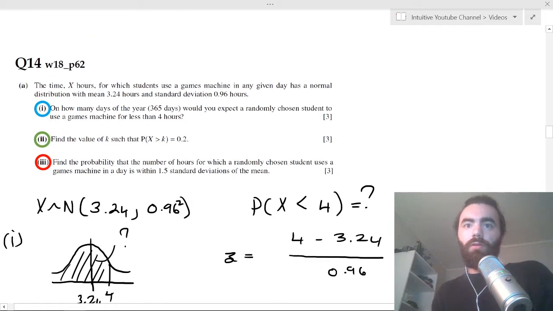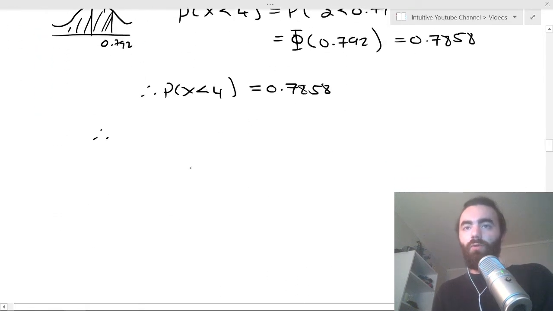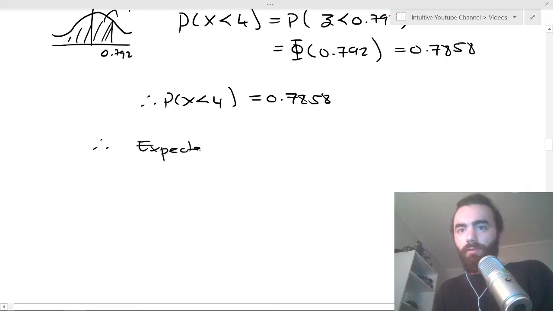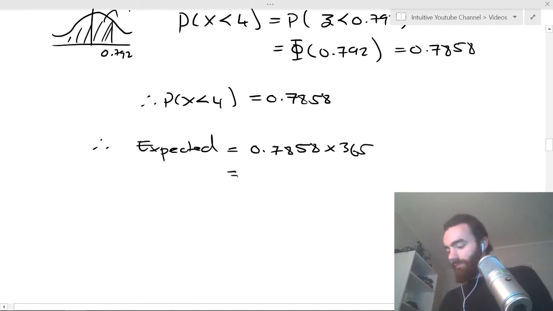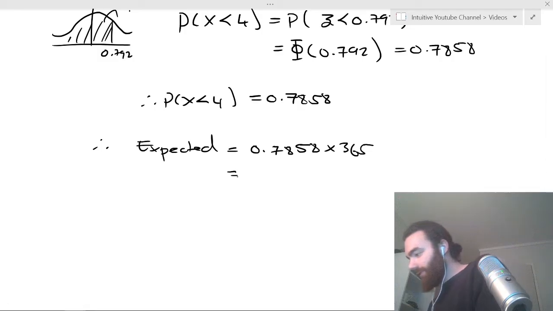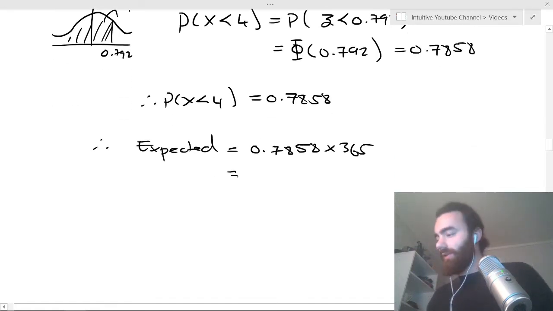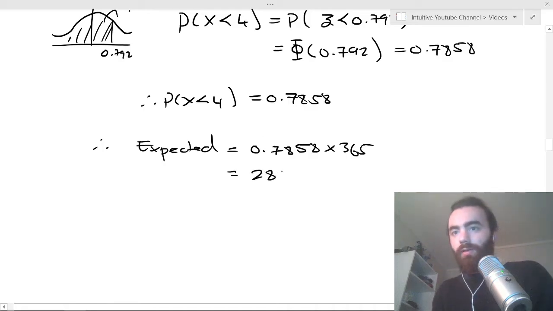And therefore the expected number of days in a year that people use this machine less than 4 hours is going to be this times 365. So the expected is equal to 0.7858 times 365, which is 286.8.